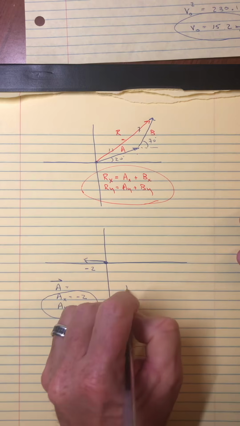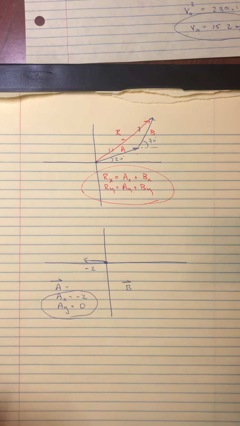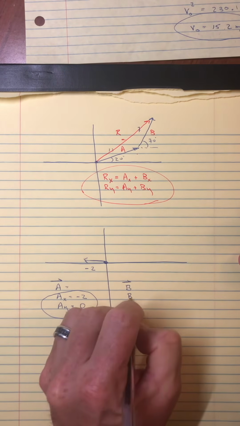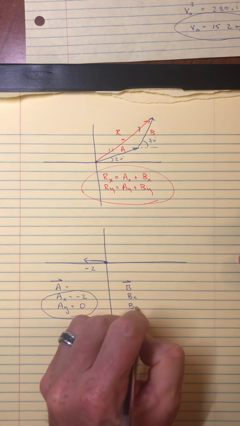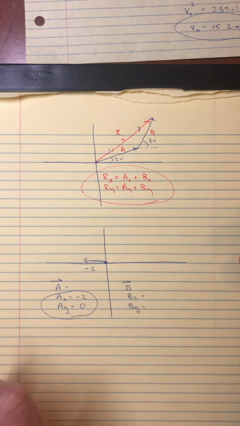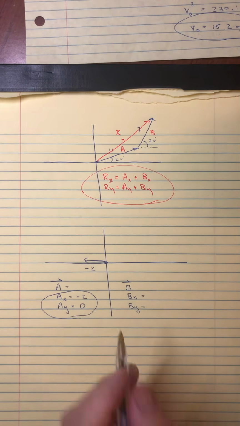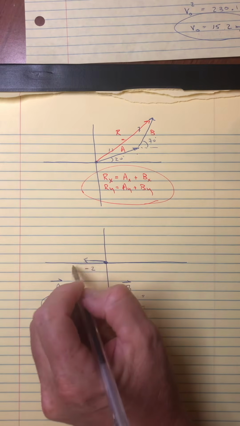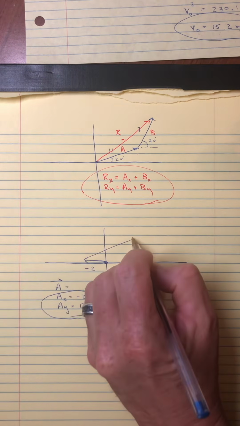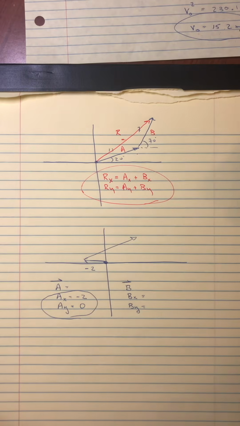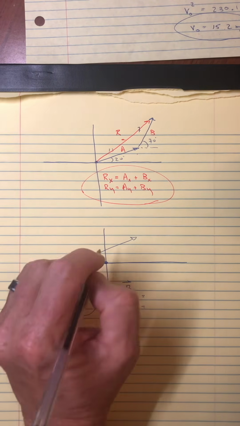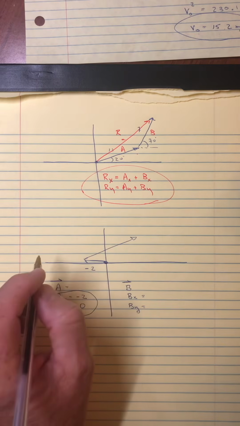Now, the second vector, vector B, is of course going to have an X component and a Y component. And perhaps it would look something like this. That would be what we're looking for.